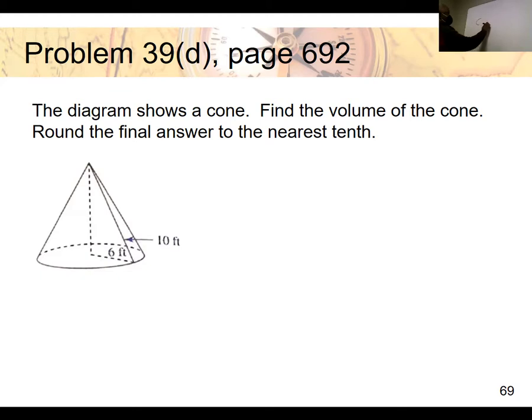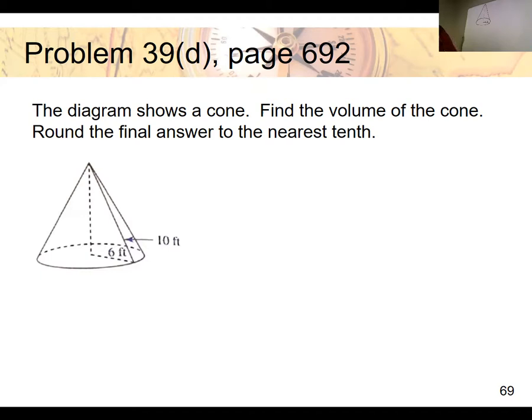So I'm going to draw a figure of some cone. And notice that the radius is 6 feet.